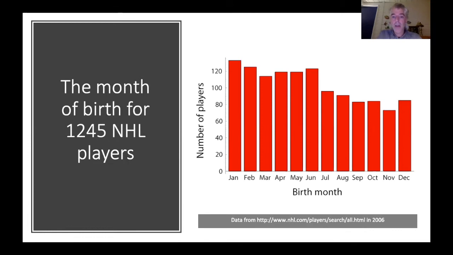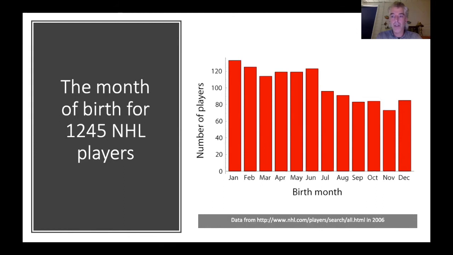So you can see that most NHL hockey players are born in January, the fewest in November.